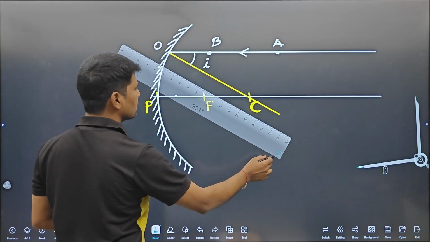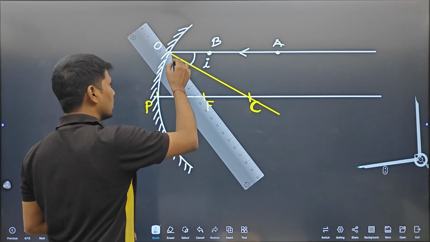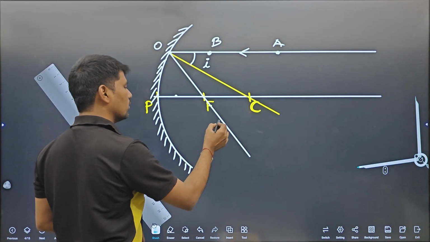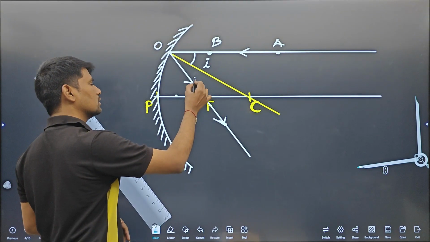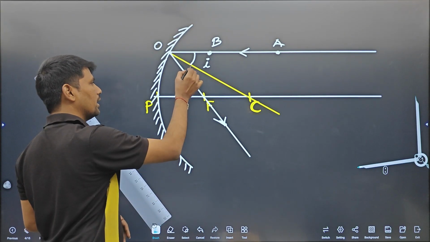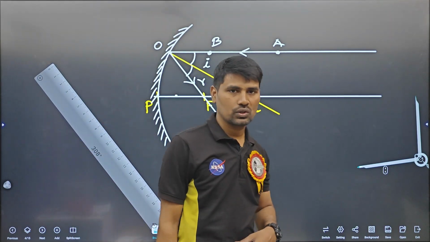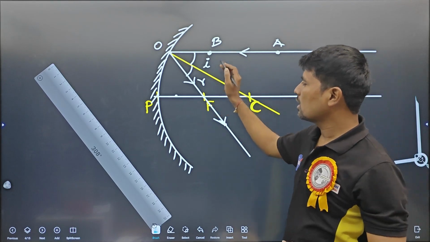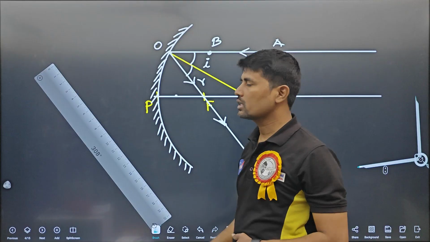So the reflected ray goes through the focus, and the angle of incidence and angle of reflection are both equal, i equals r. This is the concept of the laws of reflection.